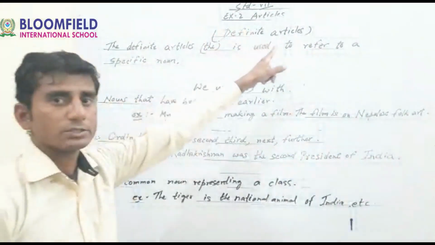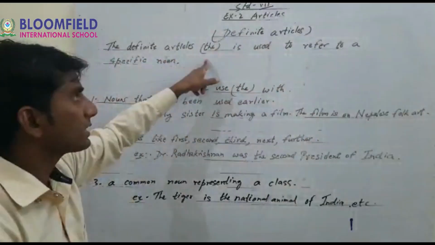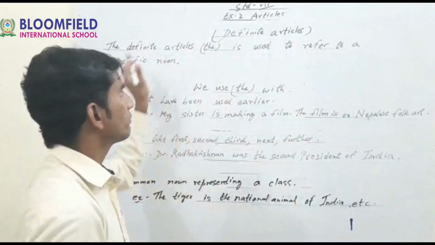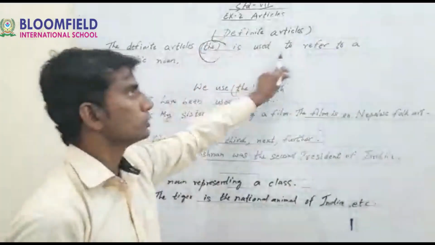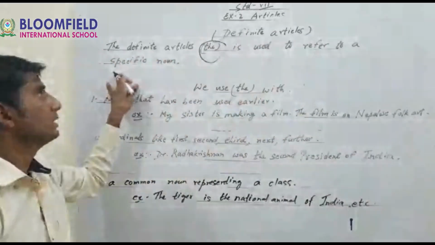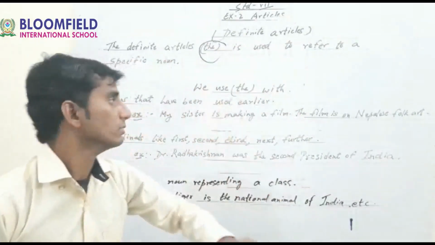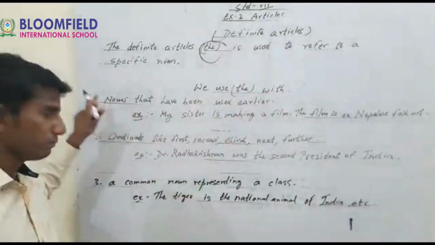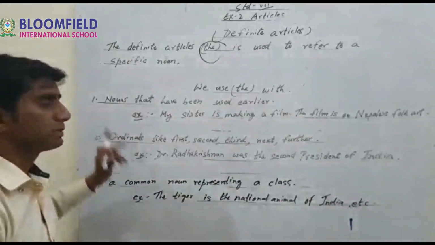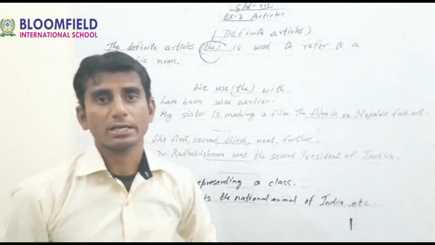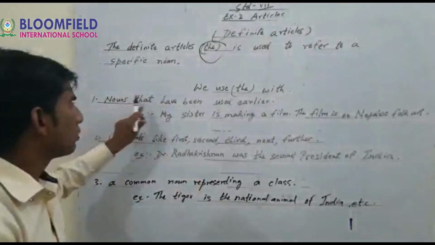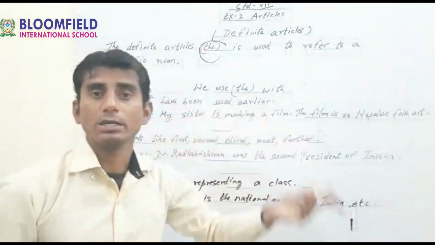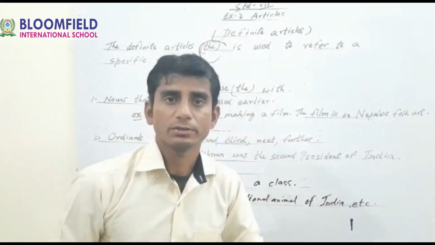Now definite articles. The definite article "the" is used to refer to a specific noun. We use "the" with, first, point-wise, I have written here, I am trying my level best to make you understand guys, nouns that have been used earlier in the sentence.